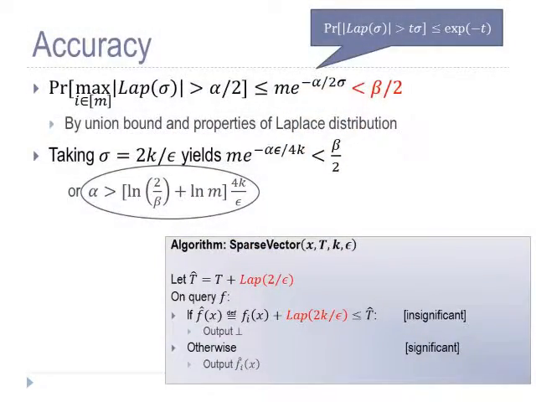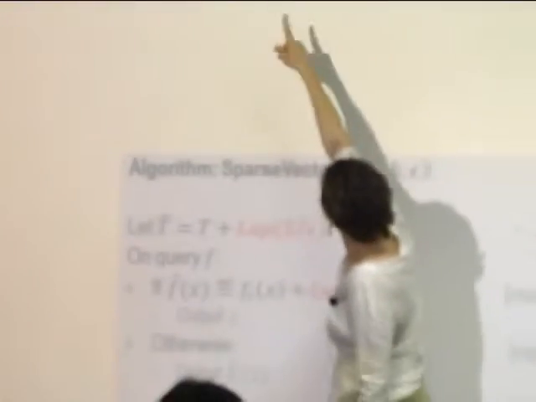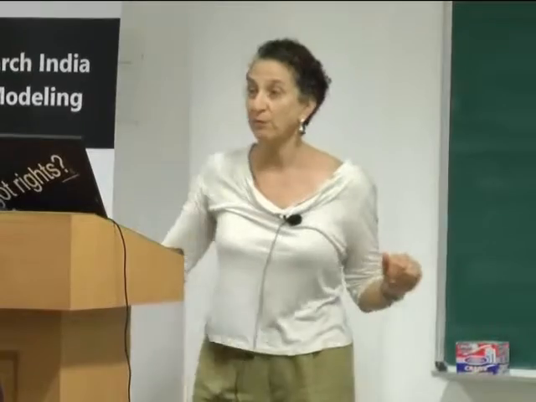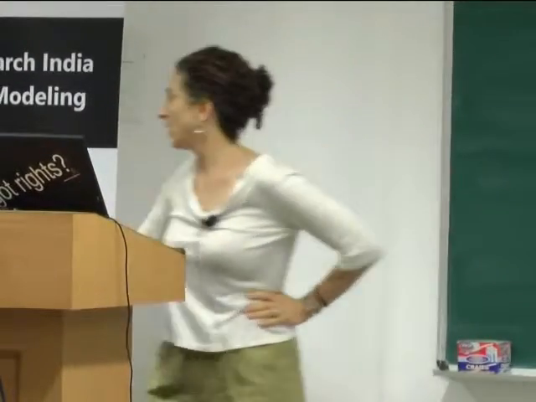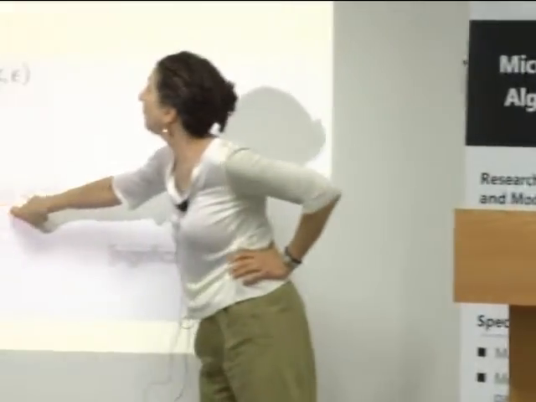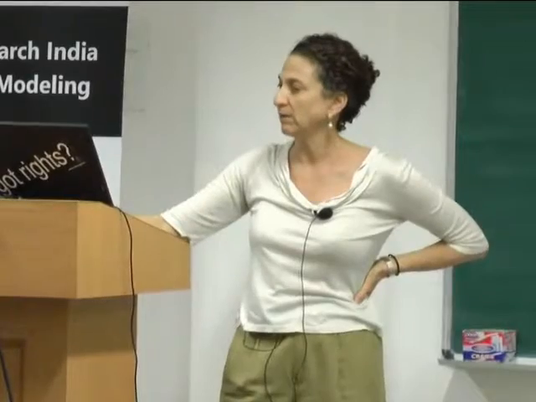So the probability that the max error when I choose from either one of these will be bigger than alpha over 2 is at most, by the union bound and the properties of the Laplace distribution, which you saw already in the previous discussion of alpha beta utility, m for the total number of samples here, and then e to the minus alpha over 2 sigma, by the properties of the exponential decay of the Laplace noise.